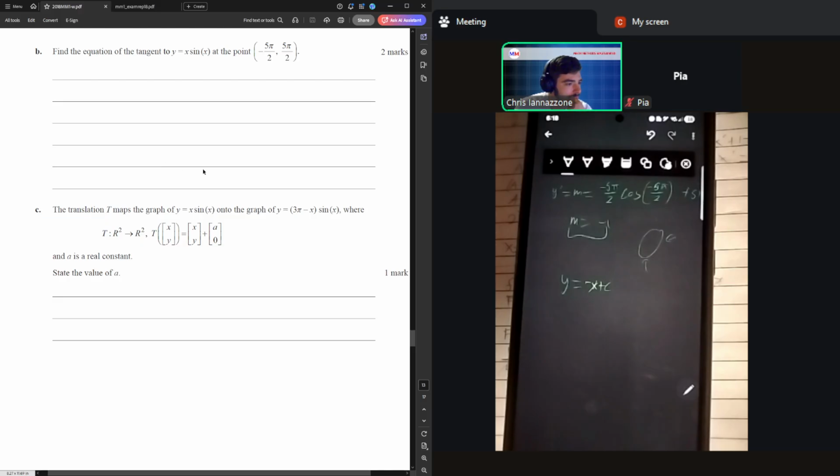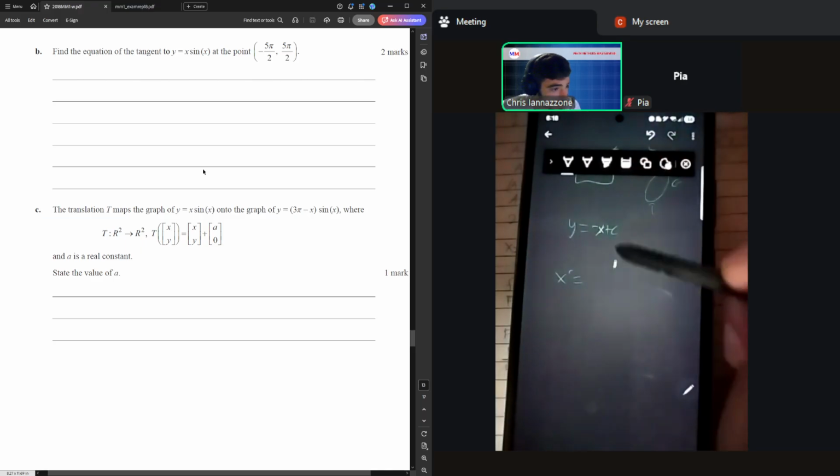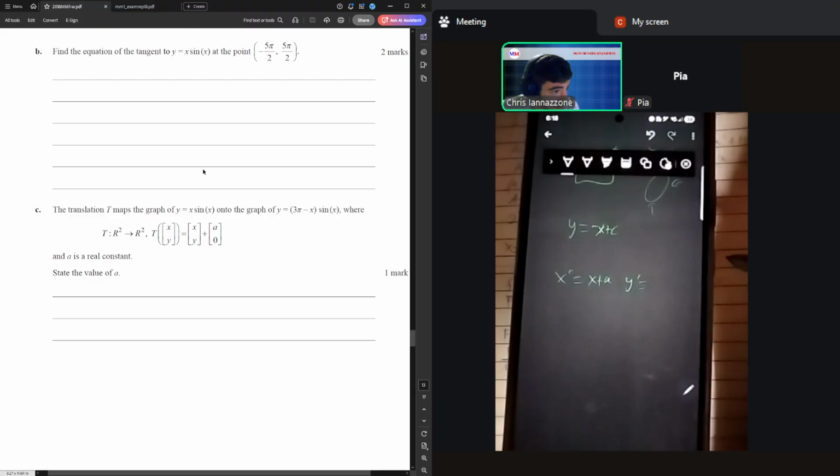Nice. So, transformation, cool, let me fix that one up for you. x dash equals x plus a, y dash equals y.